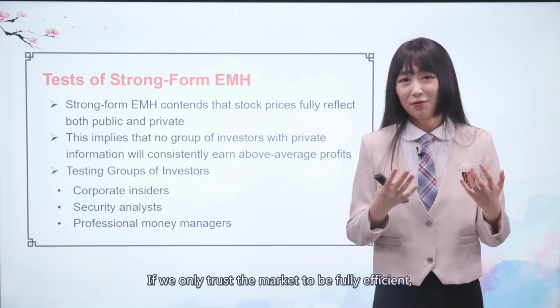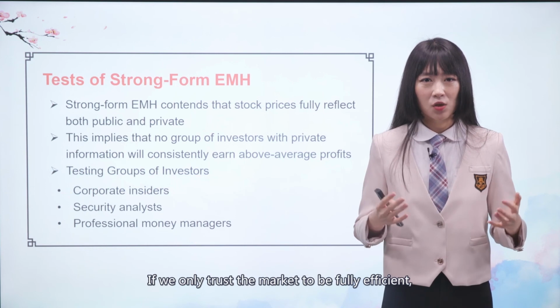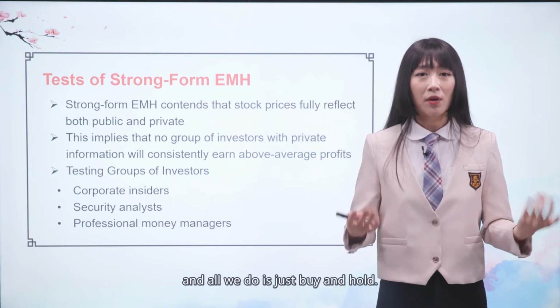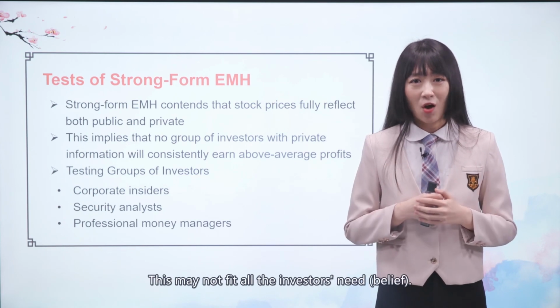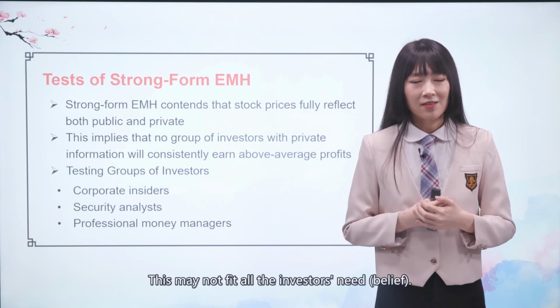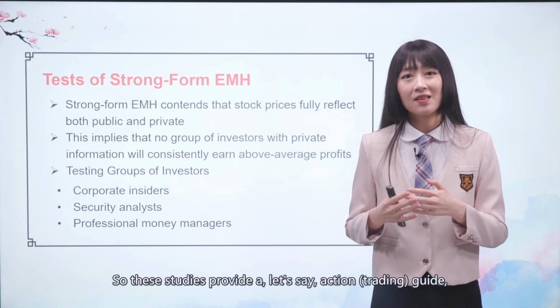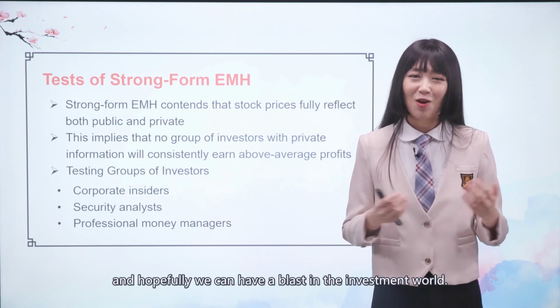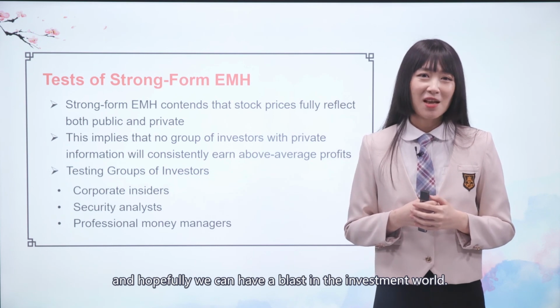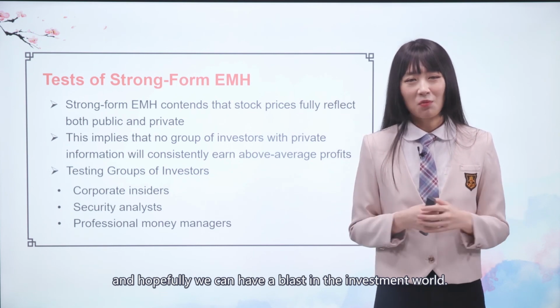So if we only trust the market to be fully efficient and all we do is just buy and hold, this may not fit all the investors' needs. So these studies provide an action guide, and hopefully we can have it blessed in the investment world.